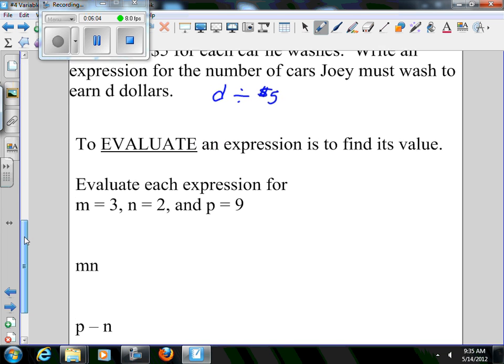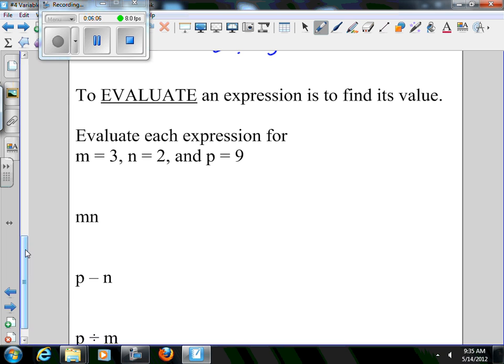Now, to evaluate an expression means to find its value. So evaluate each expression for m equals 3, n equals 2, and p equals 9. So here we're going to say 3 times 2 for m times n. We're just going to plug those numbers in, and we get 6.